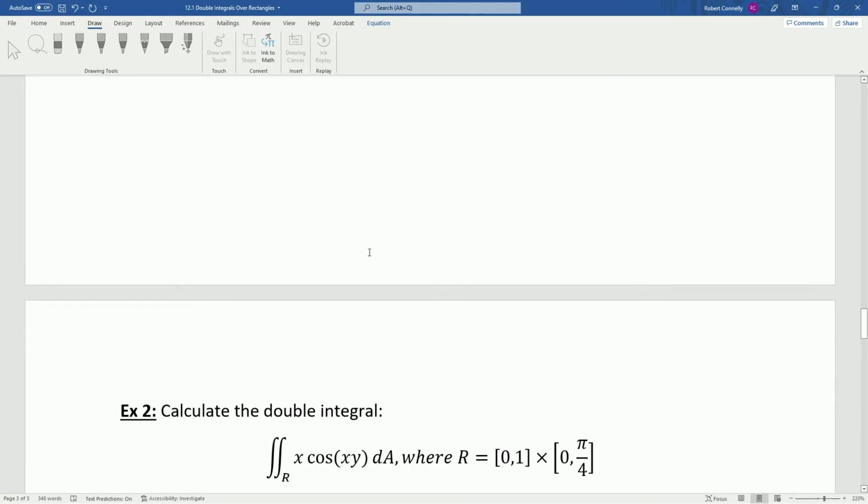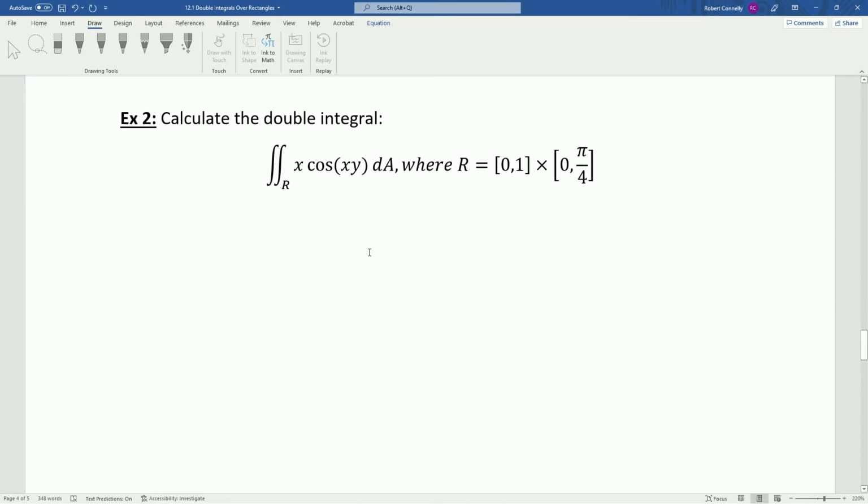Okay, so moving on, let's go ahead and calculate a double integral. So we've got the double integral over R of x cosine of xy dA, where R equals the interval over x from 0 to 1, and the interval over y from 0 to pi over 4.